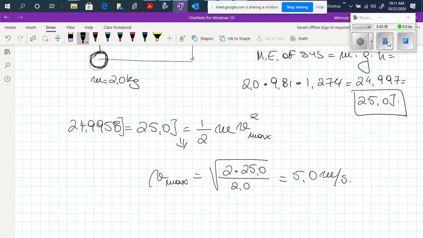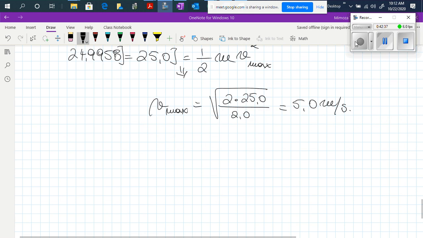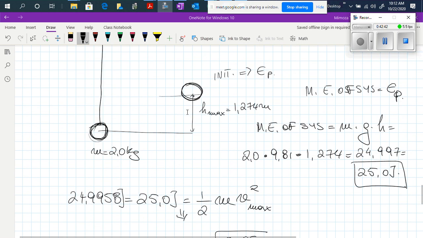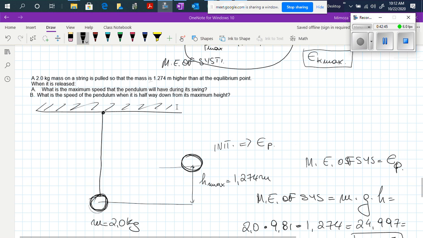We will see what the speed is halfway. So when we are saying halfway down from its maximum height, it is somewhere in here. So it's a point here where the height is half of the max, or 1.274 divided by 2.